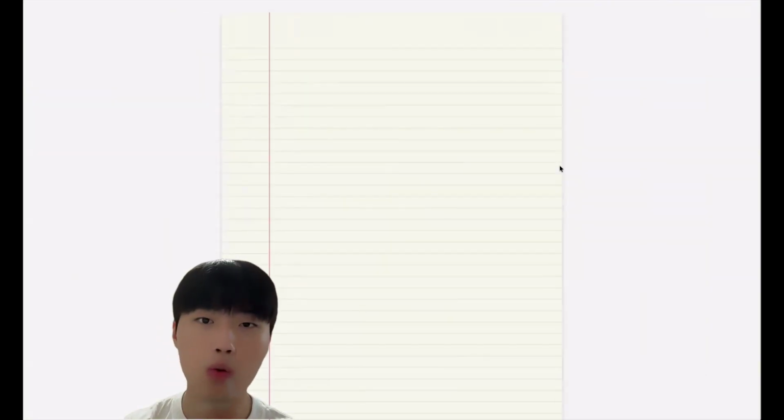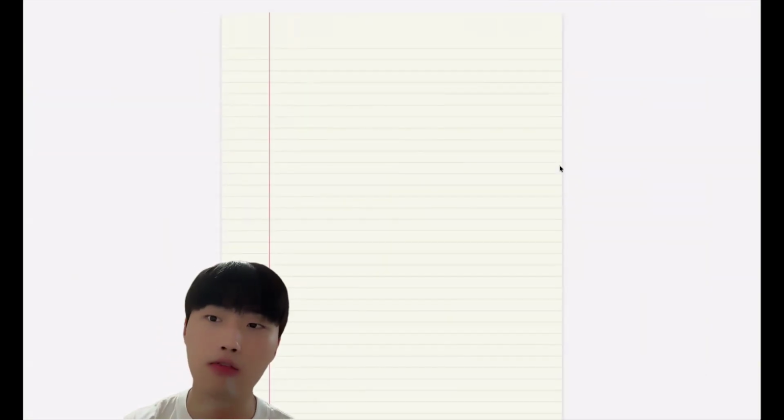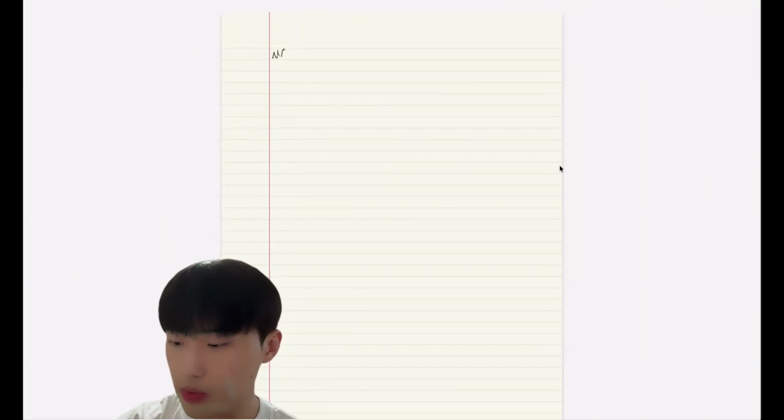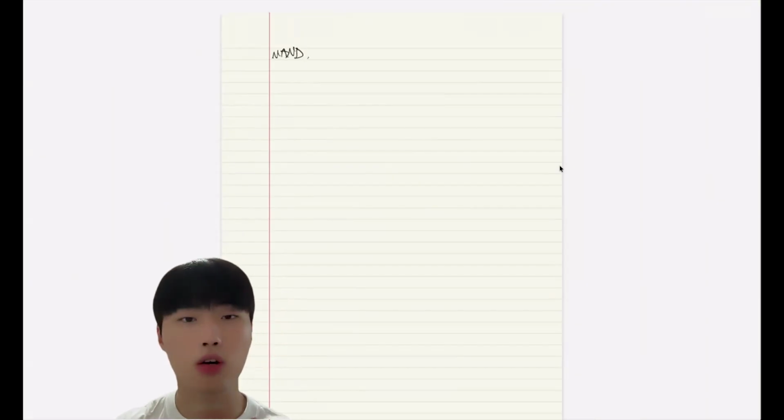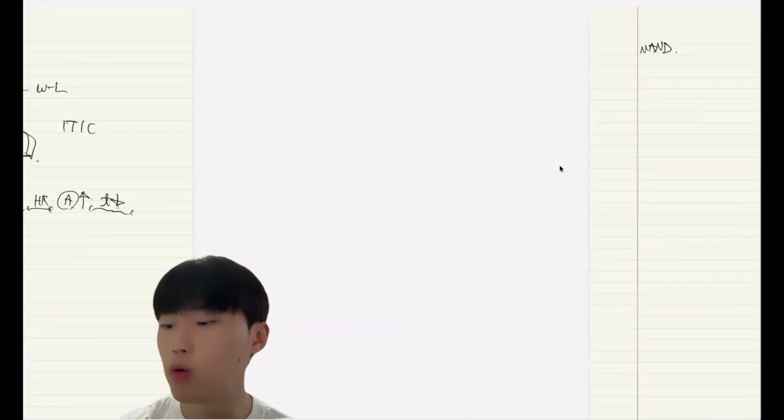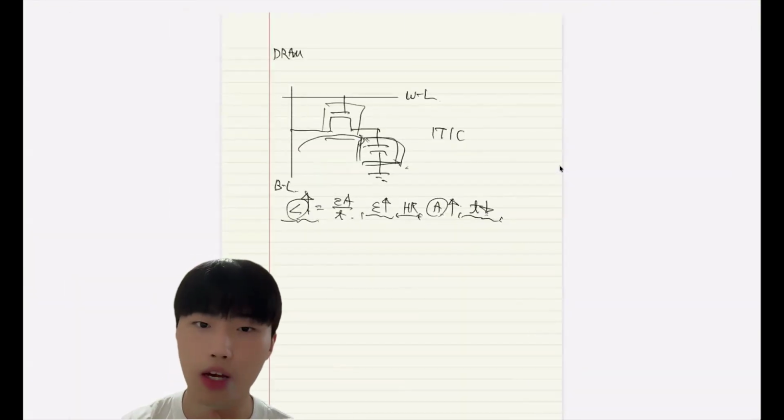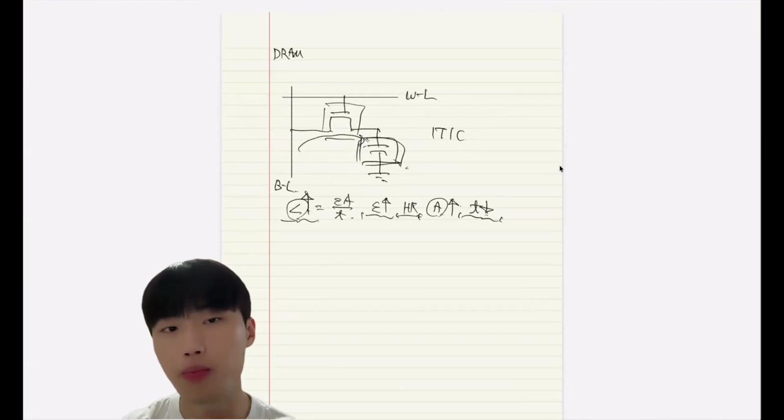And finally, we will talk about the NAND flash. But before that, why should we use random access memory?